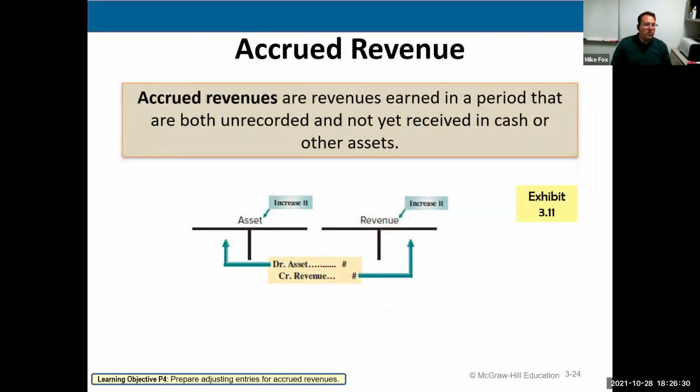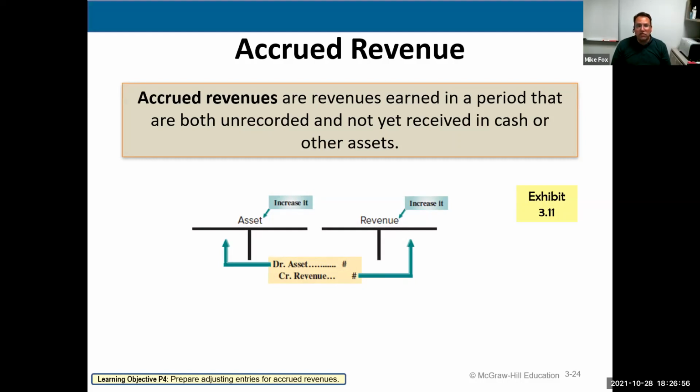So the final type is what's called an accrued revenue. And again, this happens most often in businesses that do billable work, like accountants' offices and attorneys, who do work for clients throughout the month. And then at the end of the month, they tally up the amount of work they did and they bill the client. So they recognize we've earned this revenue during the month, and so we need it to be recorded on our books so that our income statement will be correct.